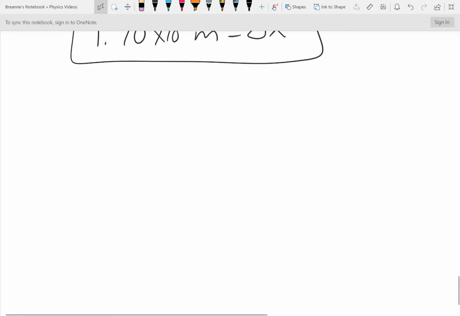On the same problem, we have a second question. It says accelerates from rest at a rate of 7.63 meters per second squared for 21.1 seconds. So our givens: rest is a given. That is telling you your initial velocity is 0.